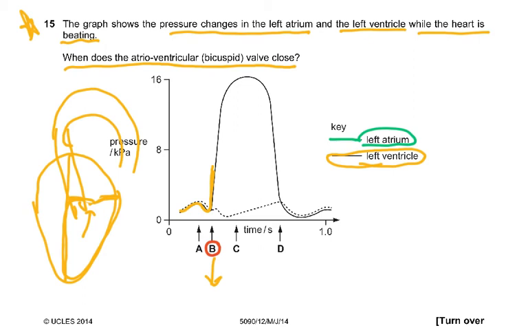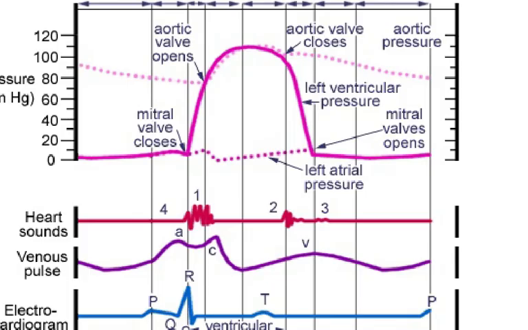I'm going to just discuss this in a graph. I wanted you to look at this graph and see how the pressure is changing and how this has been labeled. Mitral valve closes here, aortic valve opens here. Why? Because this is the line for the pressure of the aorta, and then you suddenly see it rising, and then it separates here. So the aortic valve closes here.